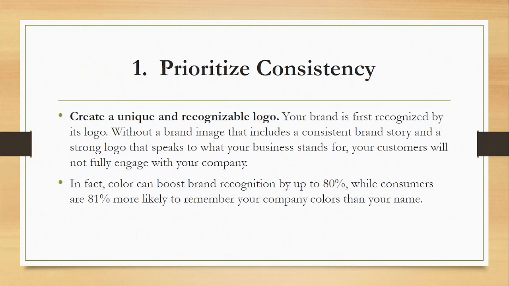Even your tone and your language should be consistent. That is one strategy that people often leave behind, and it's very important for us to achieve this by implementing consistency.